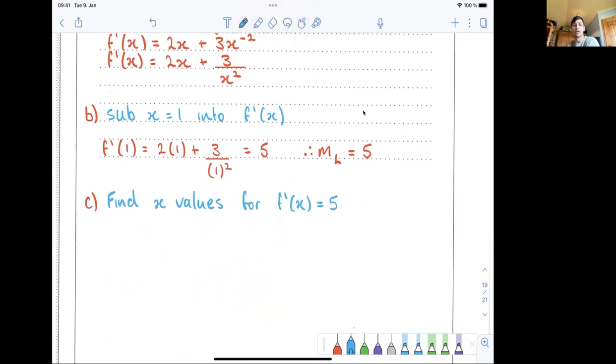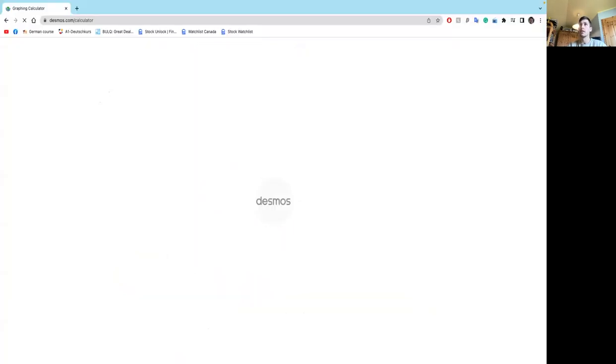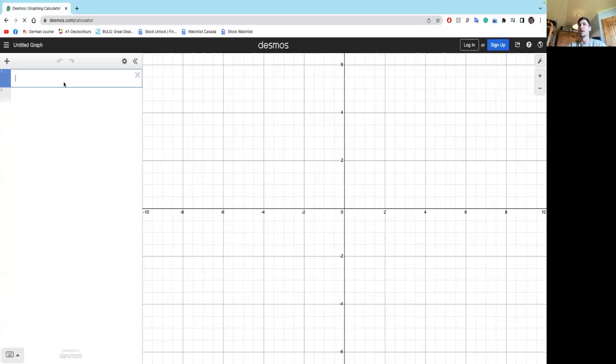I'm going to bring you over to Desmos online, so you can hopefully see everything a little bit better visually. So here is Desmos. It's a graphing calculator.